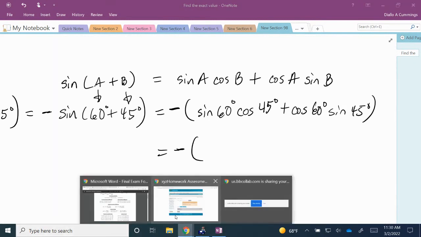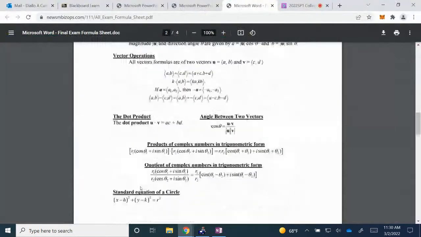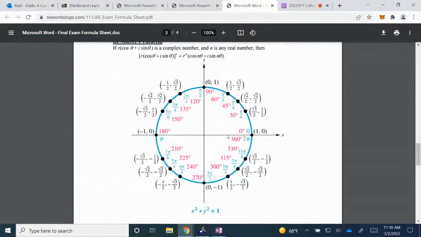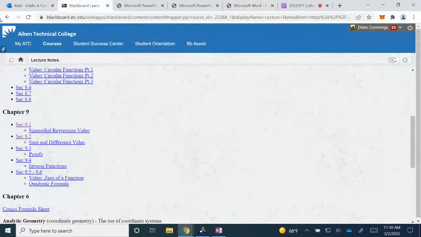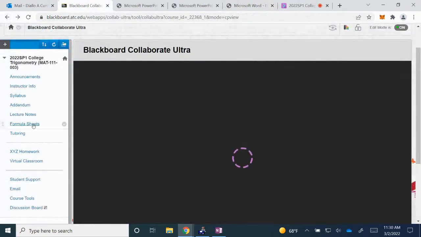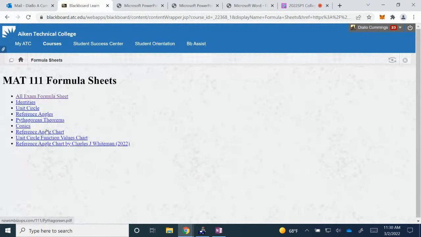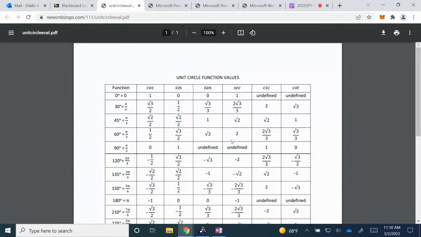We can use the unit circle, where the x coordinate represents cosine and the y coordinate represents sine, or I'm going to go back into formula sheets and pull up the unit circle function values chart. We can find the cosine and sine of both 60 and 45.